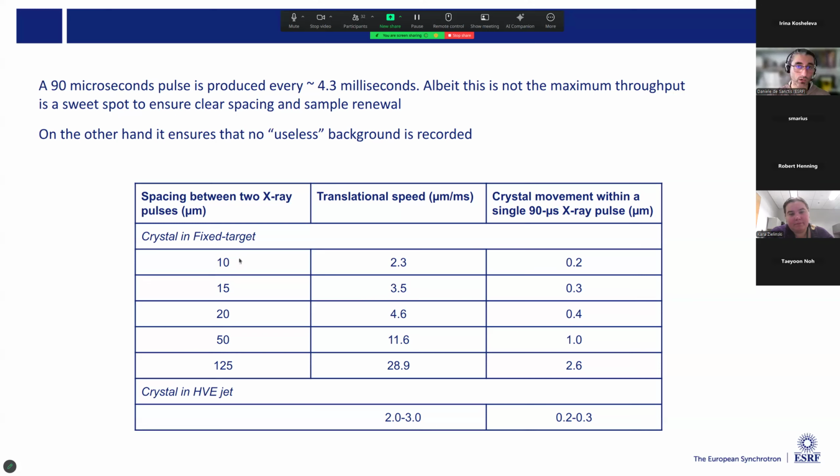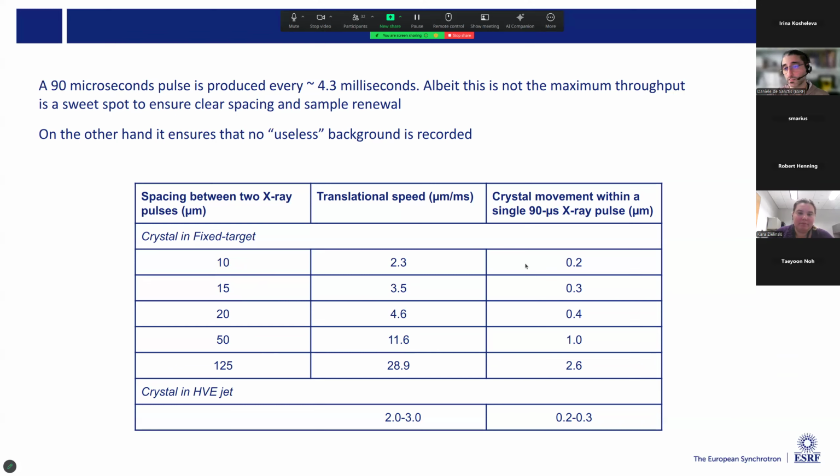Since our clock is produced by the repetition rate, the rate at which the pulsar produces, when we change the spacing we practically change the speed. So for larger spacing, we have higher translation speed.